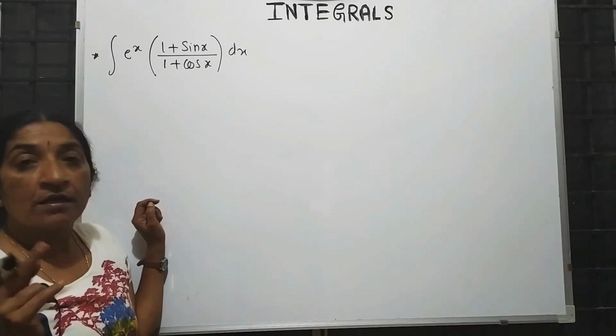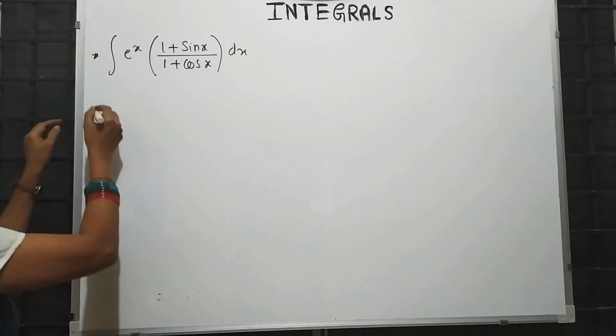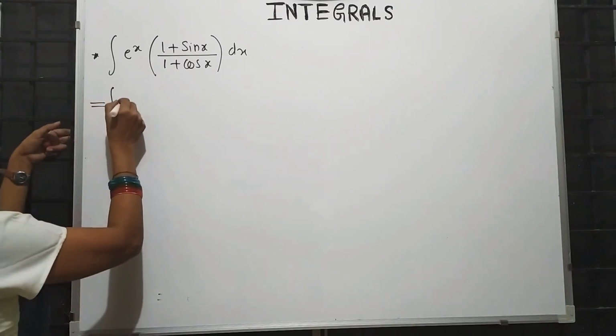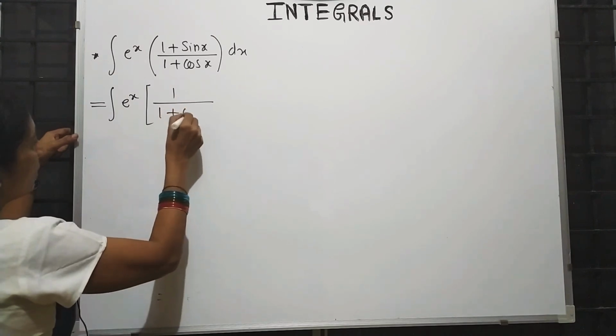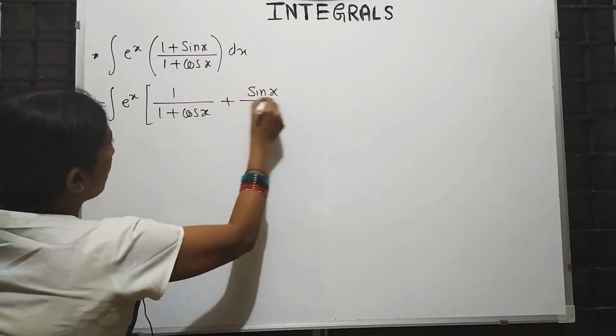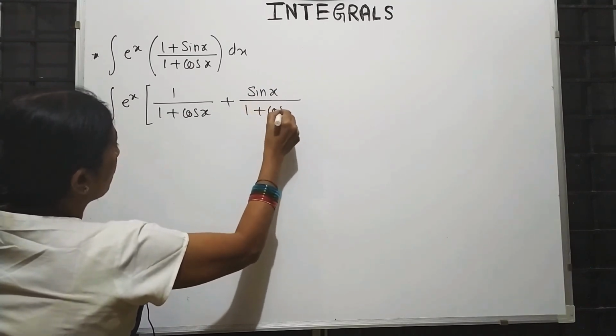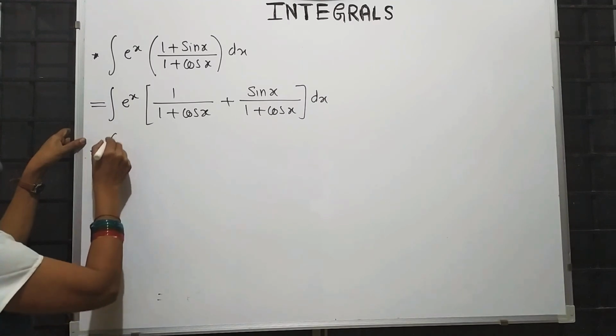Which formula? e raised to x in the bracket f of x plus f dash of x. Here I am rearranging this as e raised to x, 1 upon 1 plus cos x plus sin x upon 1 plus cos x. Just I am taking the denominator separately.